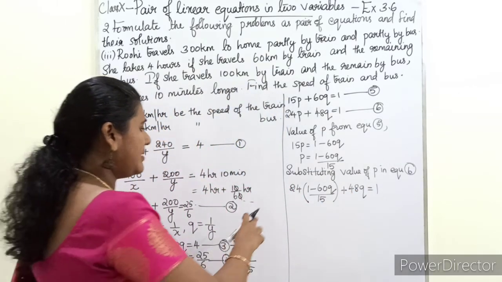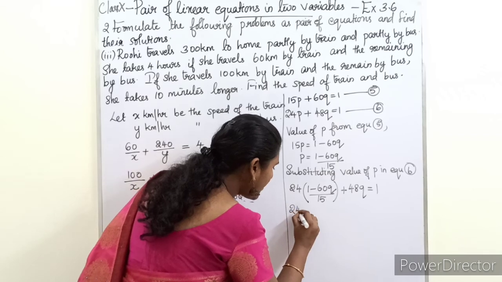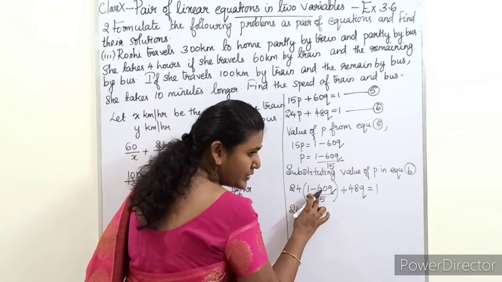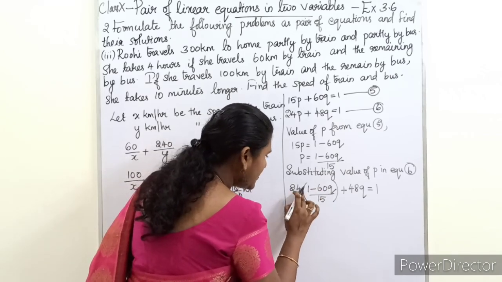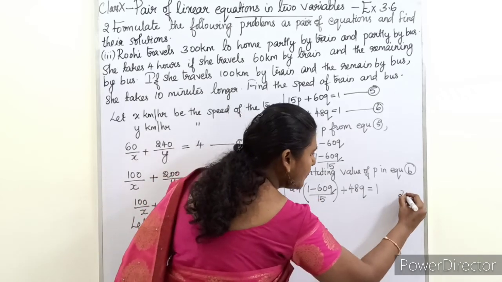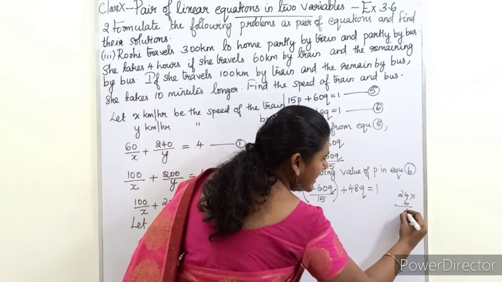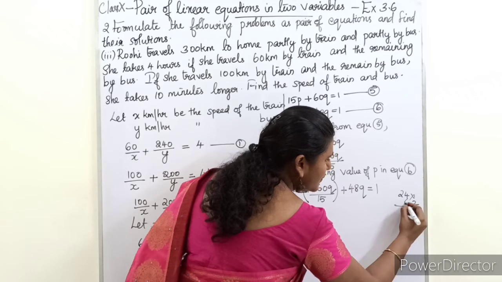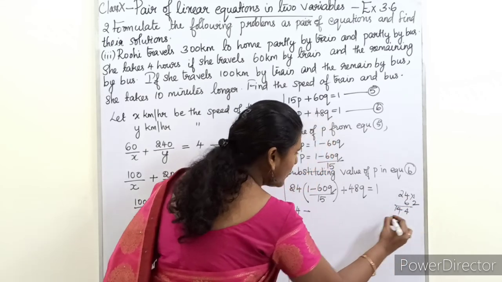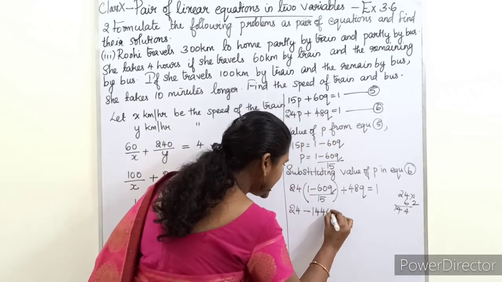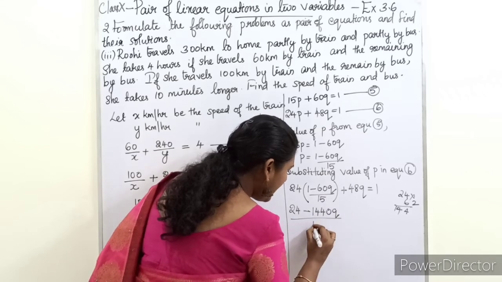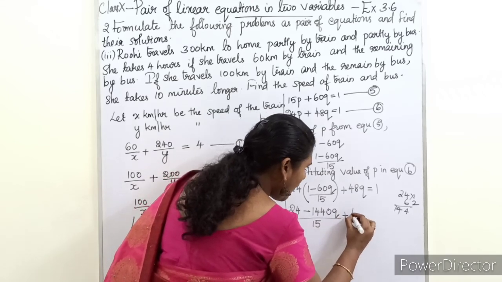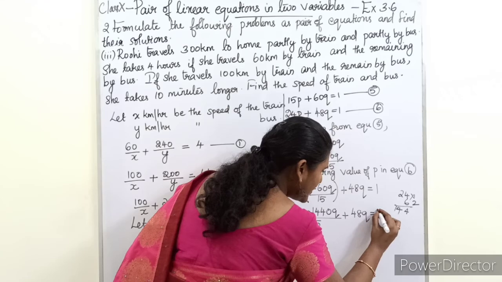Okay, here we will multiply each term by 24. So 24 minus 24 into 60, that is 1440q divided by 15 plus 48q is equal to 1.